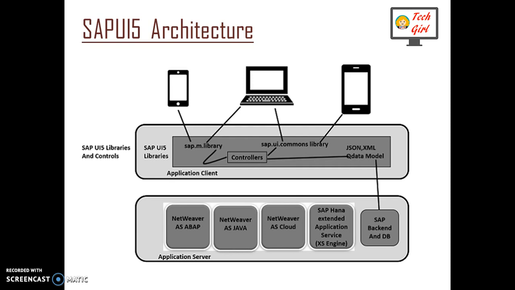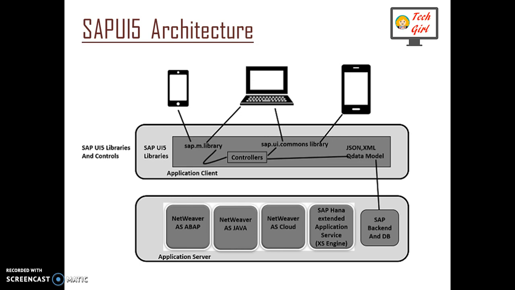The database which is used for the main purpose, that is the permanent data of the whole application, is called the SAP backend and database. This database can be in any format. It can be MySQL, SQL, or any format.